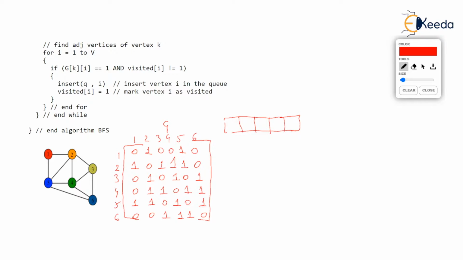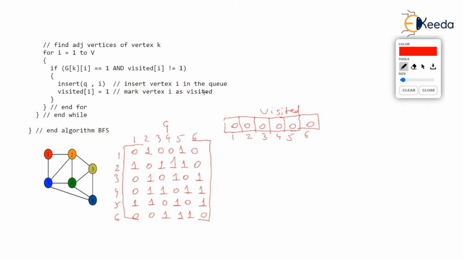From the earlier discussion of DFS, you know that the visited array will be used as a flag, and it will indicate whether a particular vertex is visited or not. 0 means the vertex is not visited, 1 means the vertex is visited.